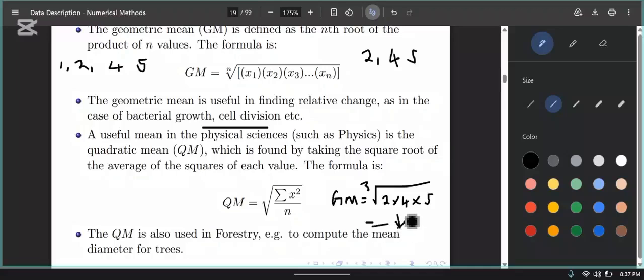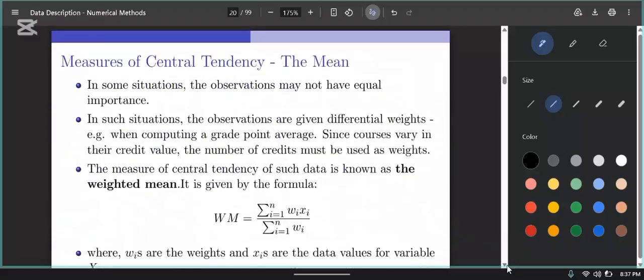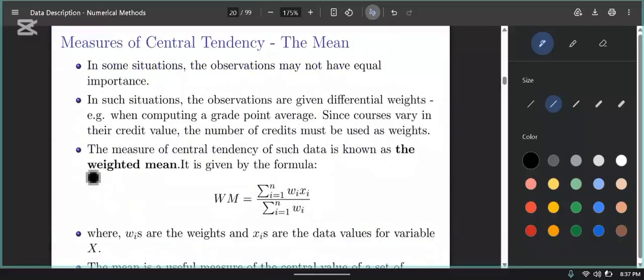So the geometric mean is not that difficult, but maybe in some cases you can use it in biostatistics. There is also the weighted mean, which is also not so common in these biological sciences.